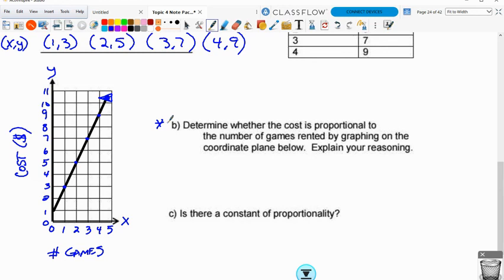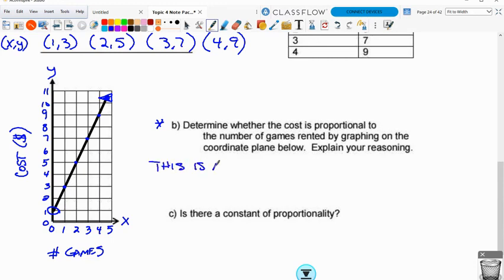Explain your reasoning. Well, we know that for a graph to be proportional, it has to be a straight line, which we could say this is definitely a straight line. And it also needs to start at the origin. And if we look, well, this line is actually starting at this point right here, which is 0 comma 1. That is not the origin. So since this is not a straight line starting at the origin, this is non-proportional.